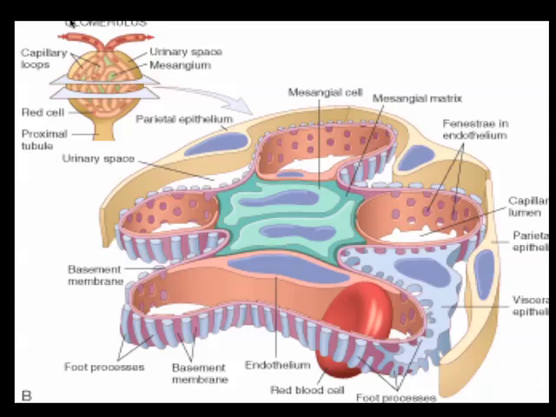This makes the endothelial cell of the glomerulus quite different than most other endothelial cells in the body, and may be one reason why glomerular endothelial cells are so prone to being involved in pathologic disease processes.